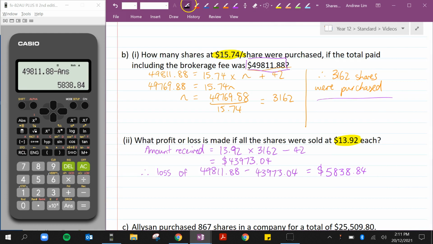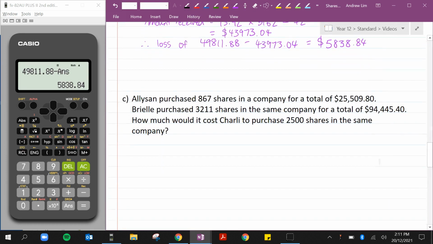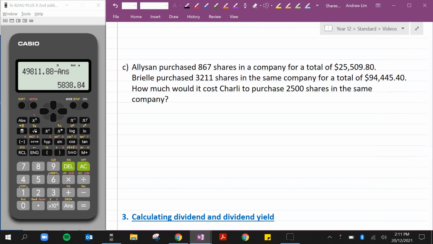All right, let's have a look at part C. Allison purchased 867 shares in the company for a total of $25,509.80. Brielle purchased 3,211 shares in the same company for a total of $94,445.40. How much would it cost Charlie to purchase 2,500 shares in the same company?